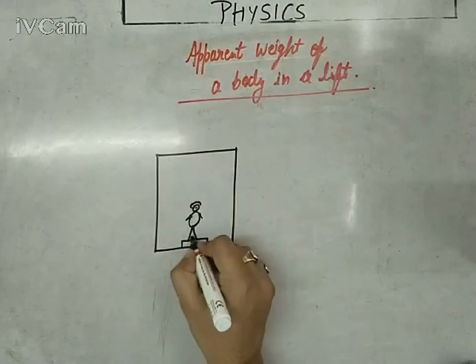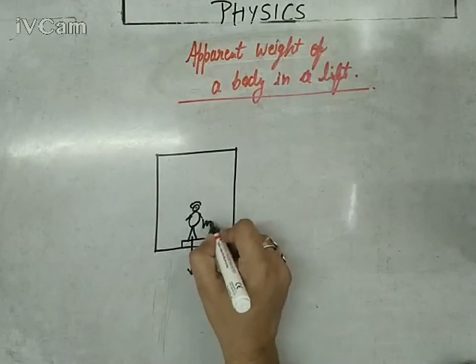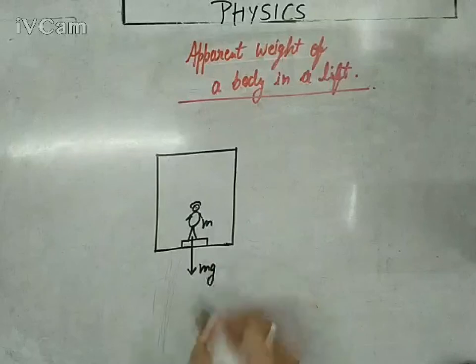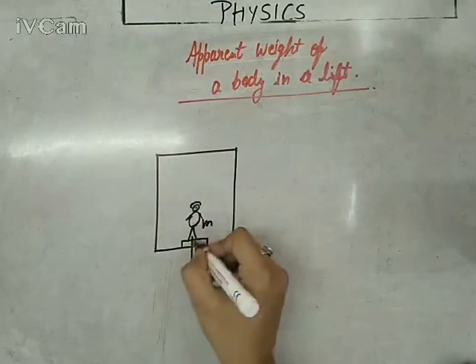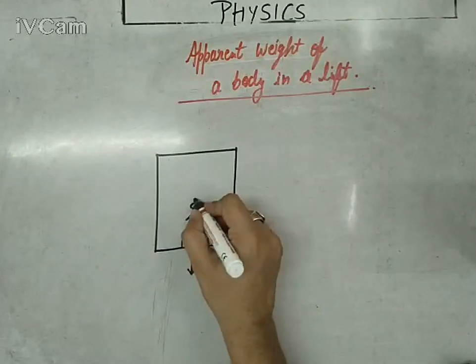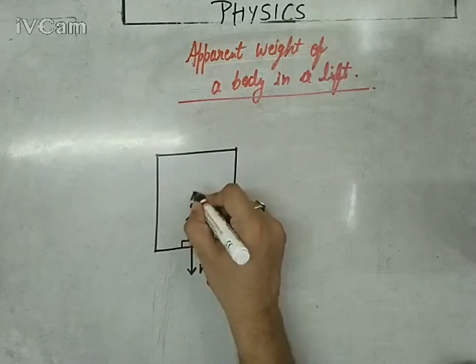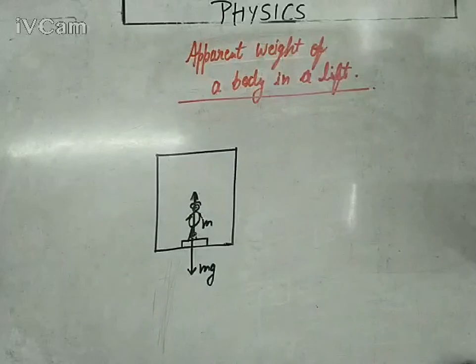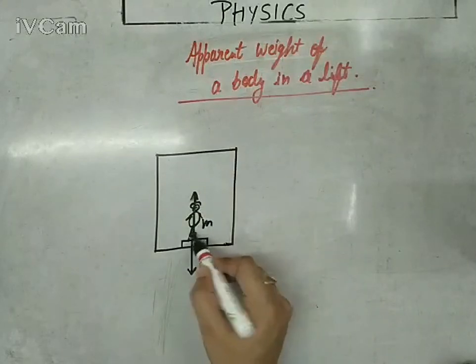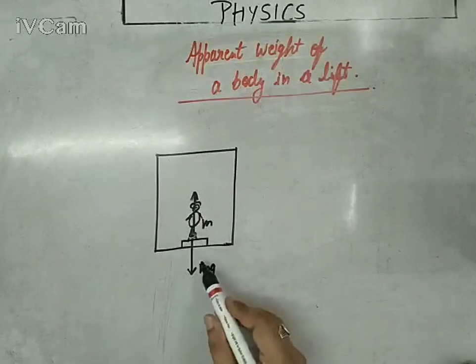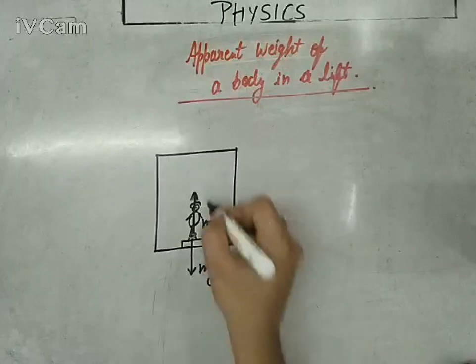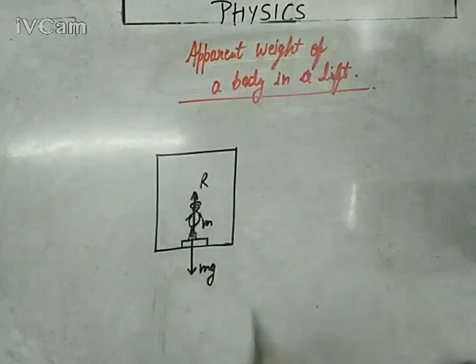Action on the floor by the person of mass m is his weight mg, and the reaction of the weighing machine over the person, there will always be a reaction for an action. So the action is the force applied by the person on the weighing machine, and the reaction is given by the weighing machine on the person. The resultant weight will be decided by this reaction.